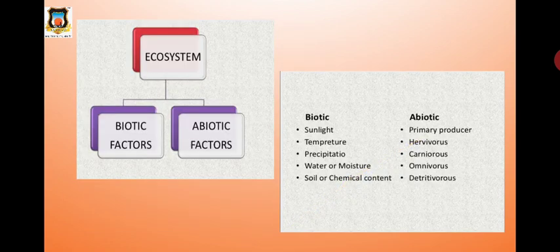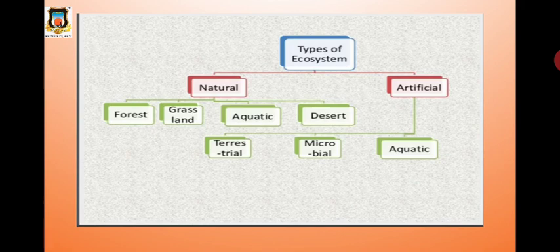So ecosystems are divided into two factors: biotic factors, including living organisms, and abiotic factors, including non-living components. The abiotic factors include sunlight, temperature, precipitation, water or moisture, and soil chemical contents. The biotic factors are primary producers, herbivores, carnivores, omnivores and detritivores.